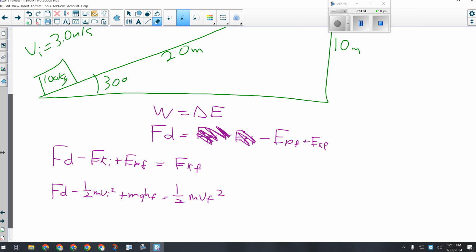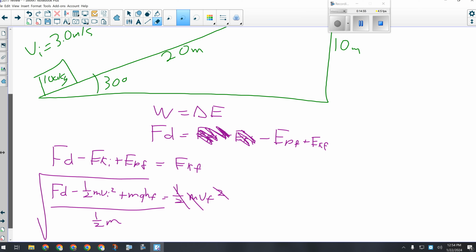I'm looking for v final. What do I do with the half and the m? Divide them over to the other side. I want VF, not VF squared. What do I do? Square root the whole thing.